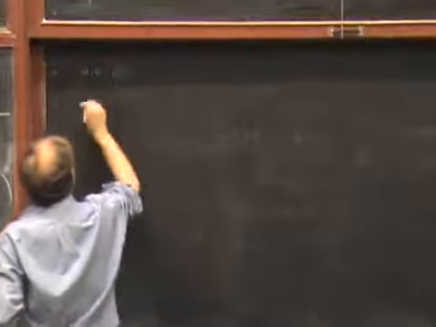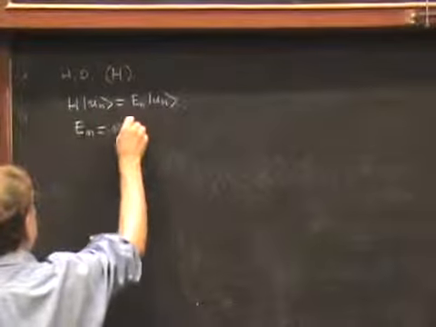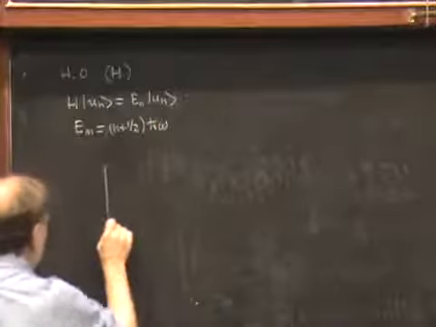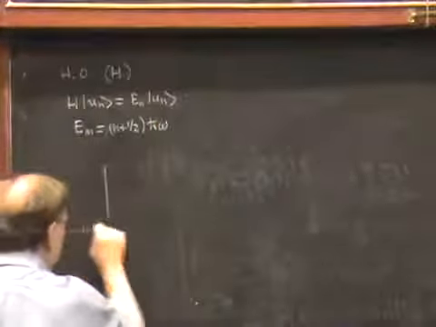As you all know, the energy eigenvalues are equal to (n plus a half) h bar omega. And so for the spectrum, we have to look in the complex energy plane, with real energy and imaginary energy. The spectrum consists of points first 1/2, then 3/2, 5/2, 7/2, and so on. As you see, it's a discrete spectrum, and it's on the real axis.